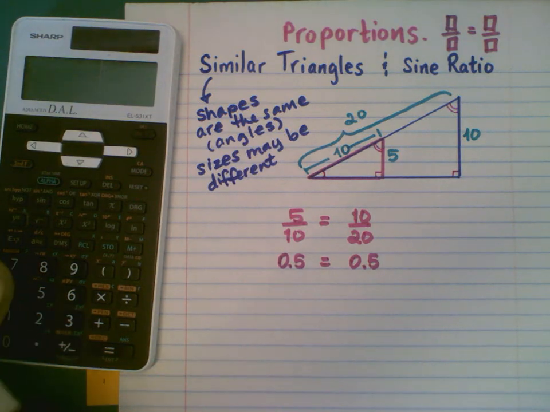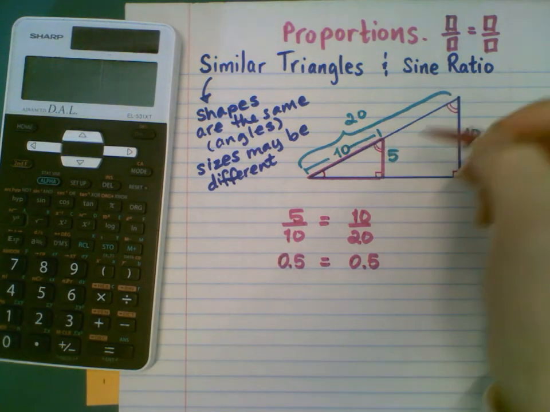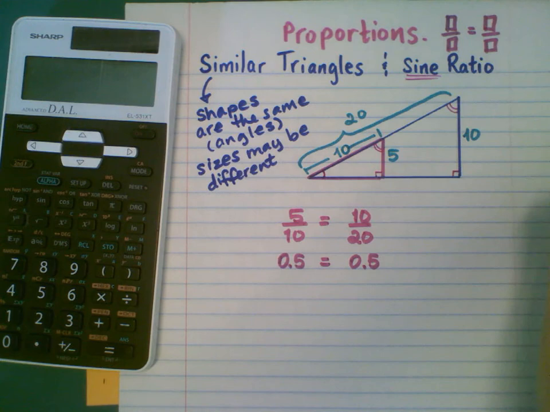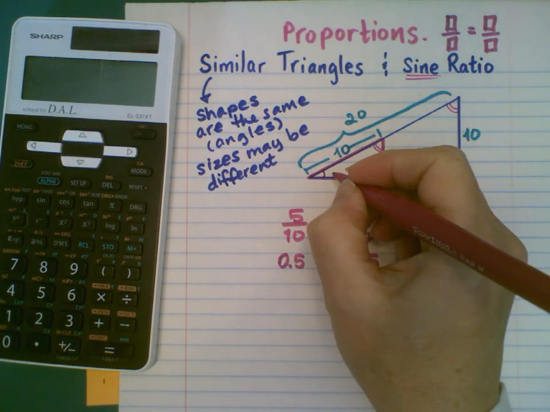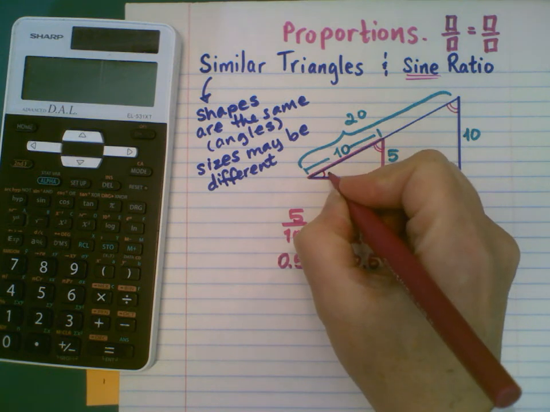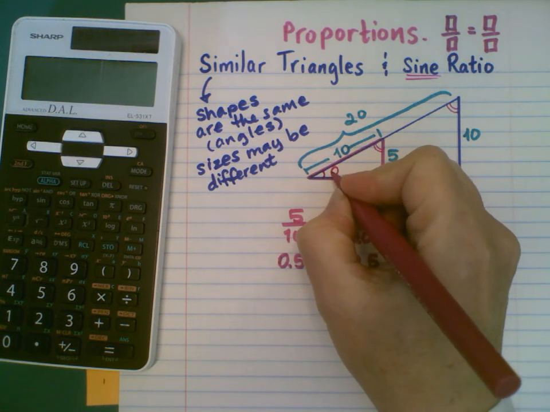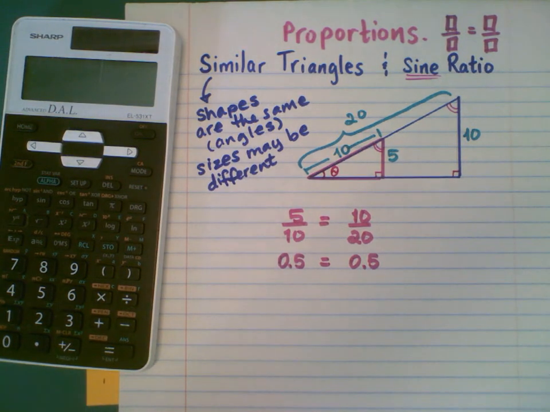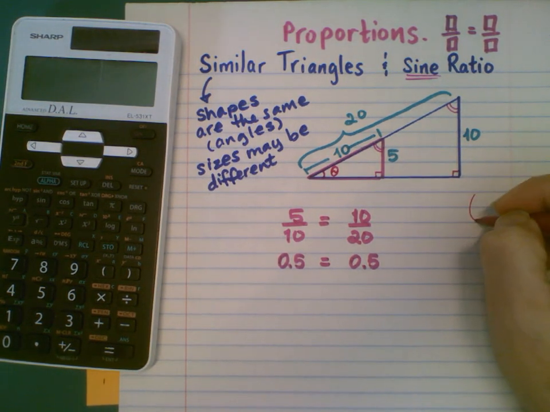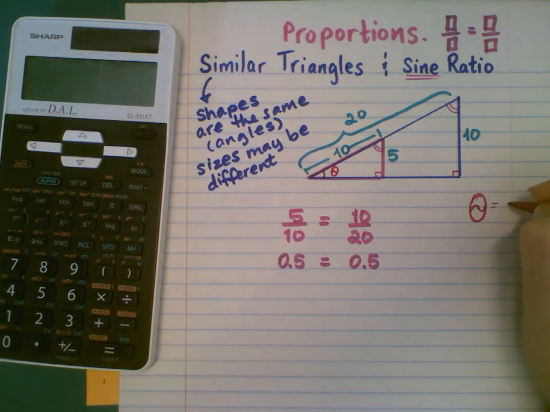So from there, it brings me to the sine ratio. The sine ratio is a comparison of an angle, call it theta. Theta, the symbol theta, is a Greek letter, and it is often used to represent an angle.